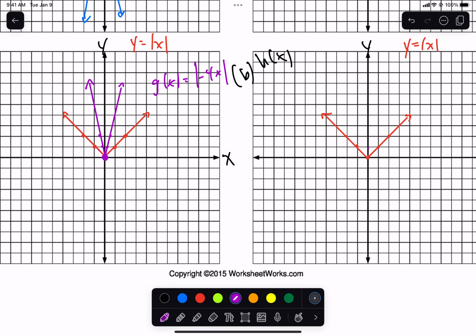This point is a distance of 1 away from the y-axis, which is now going to go to 4. 2 is going to go to 8. So 2, 3, 4, 5, 6, 7, 8. 0 is going to stay at 0, 1 goes to 4, and 2 is going to go to 8.